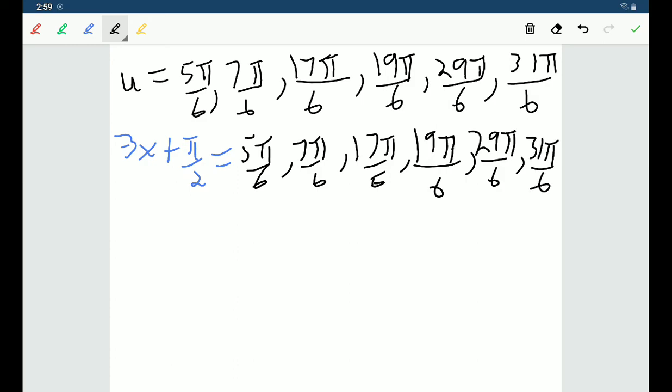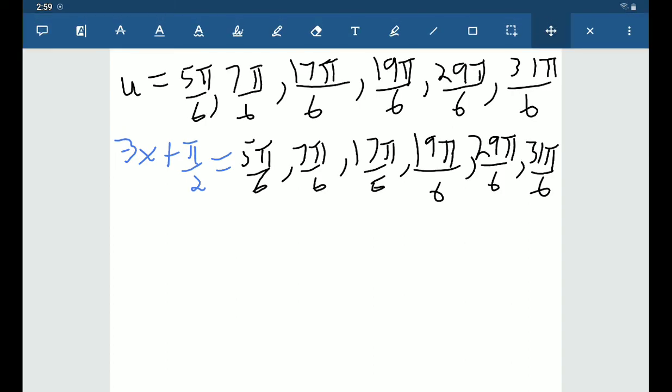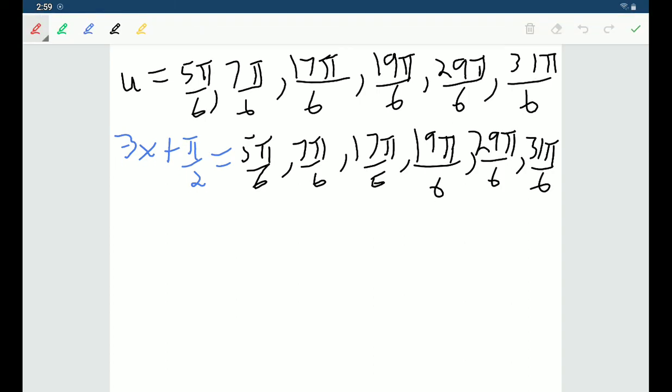If I want to solve for x, the next thing to do is subtract pi over 2 from all of the numbers that I have here.